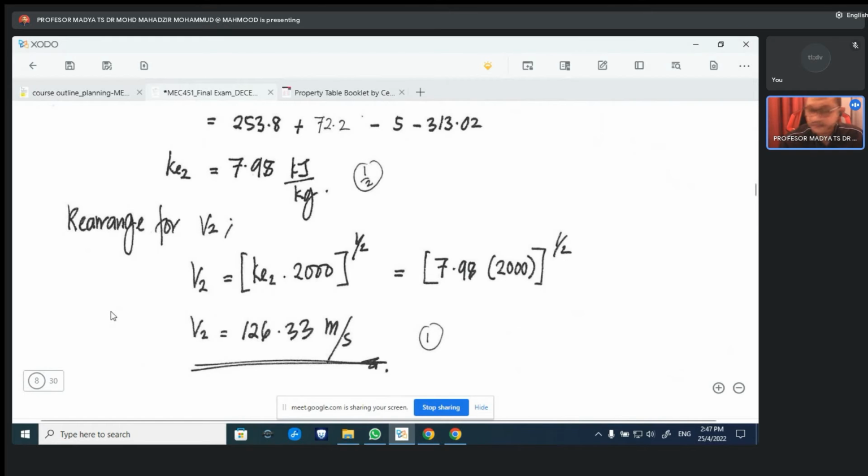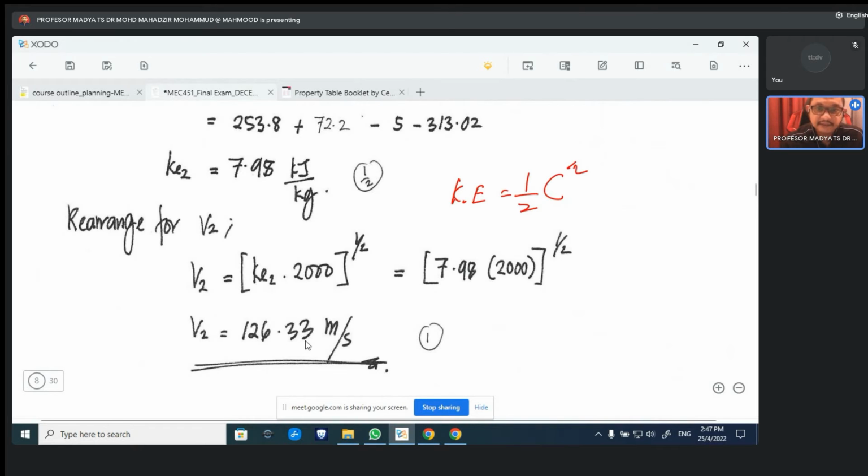We know the formula for kinetic energy is KE equals half C squared. So rearrange the formula to get C. That means C is V, in the solution it is termed V. So lastly, you will get V is 126.33.